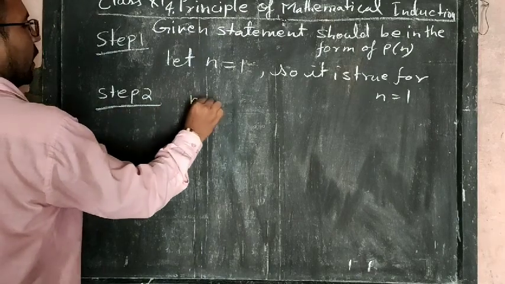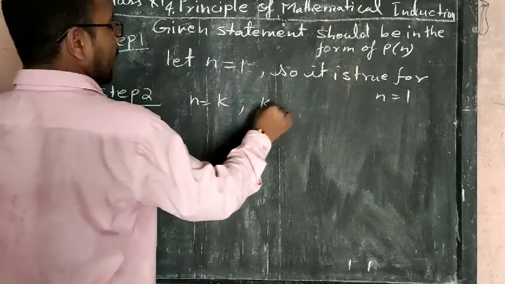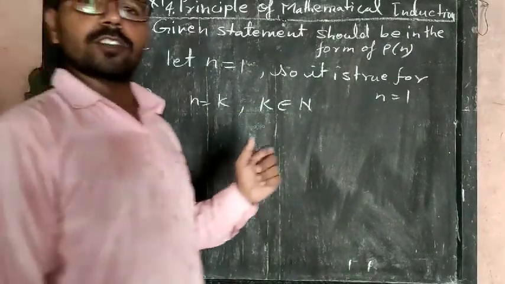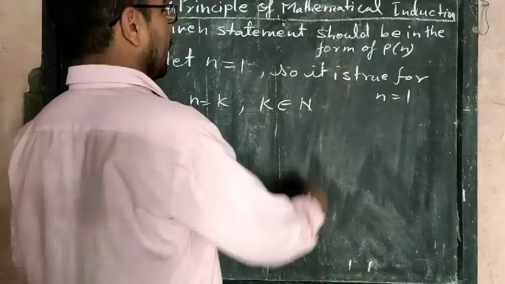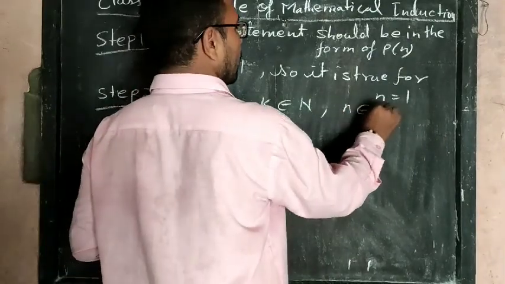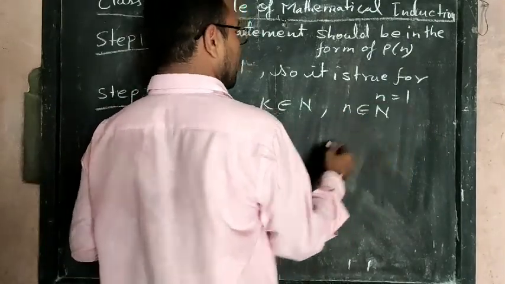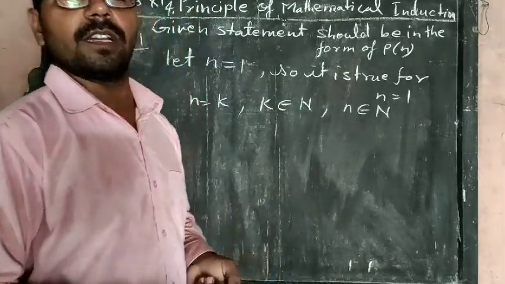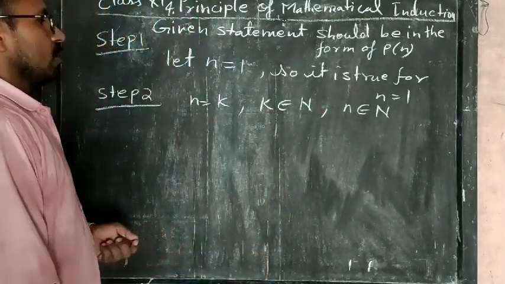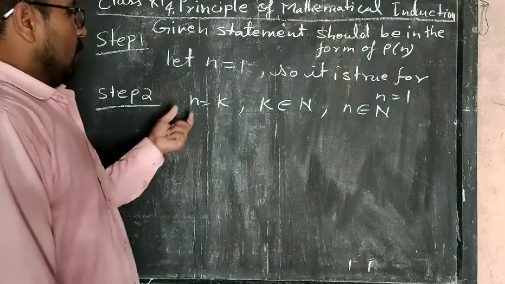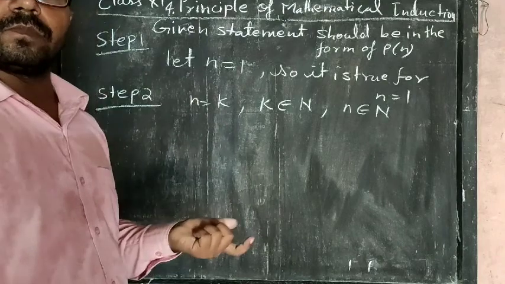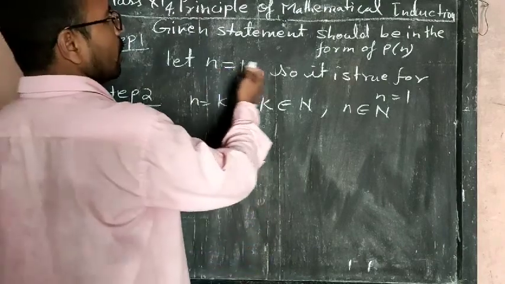We will check it for n is equal to k, where k also belongs to natural numbers, and small n also belongs to natural numbers. Or simply we can say positive integer also. Positive integer means natural number, counting number, all these things. If you put n is equal to k, it is also true, because n belongs to natural numbers.